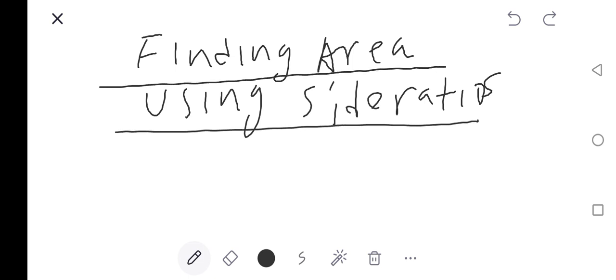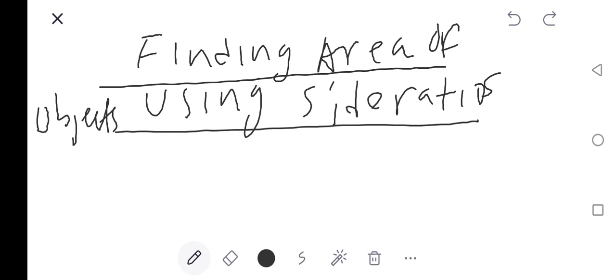Now let's do finding area of objects using side ratios.